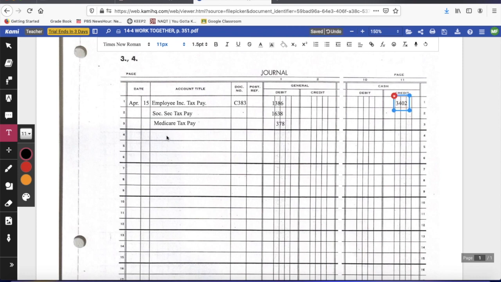Okay. Next part of work together. Prepare journal entries for payment of the federal and state unemployment taxes liability. State taxes are due on the same day as federal taxes. Check numbers 401 and 402.